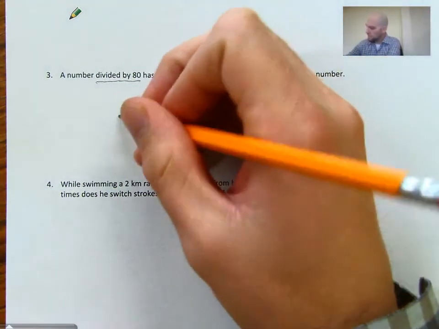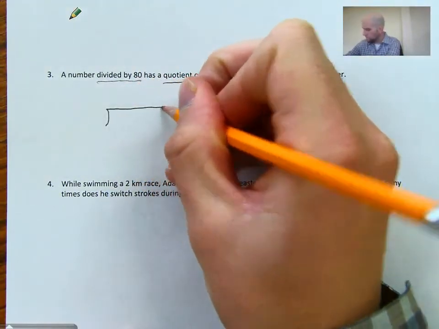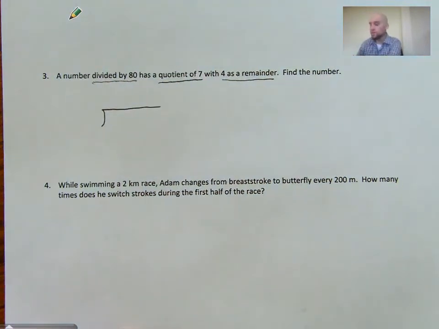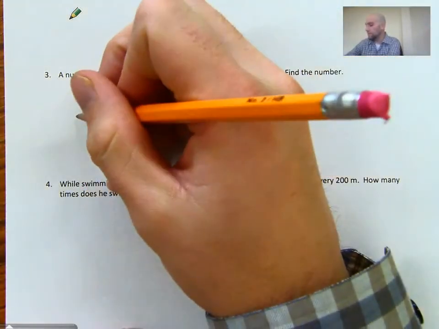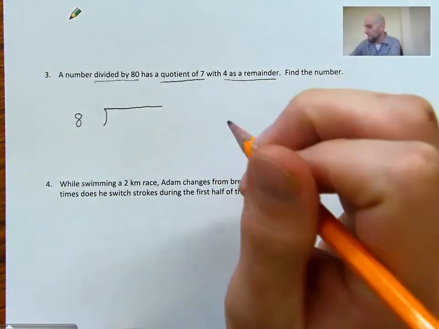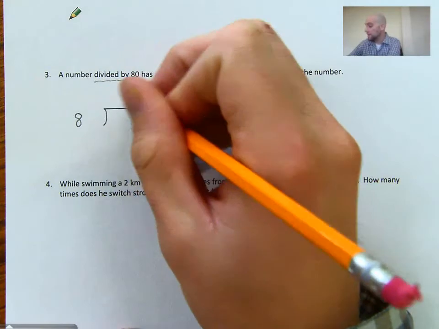So let's make ourselves a division problem. And we're going to fill in the parts that we have. So a number divided by 80. The part that's divided by is on the outside. This divided by tells us that that is our divisor. Our divisor goes on the outside of this box.